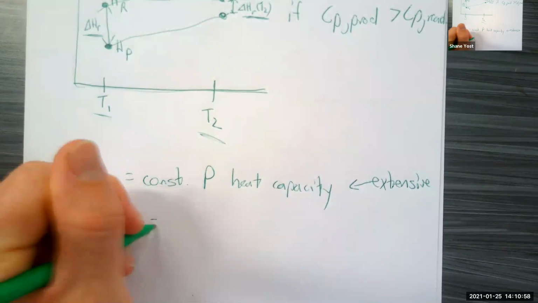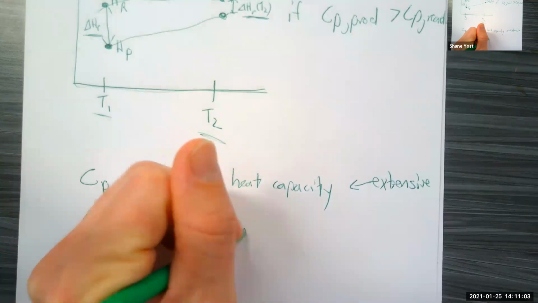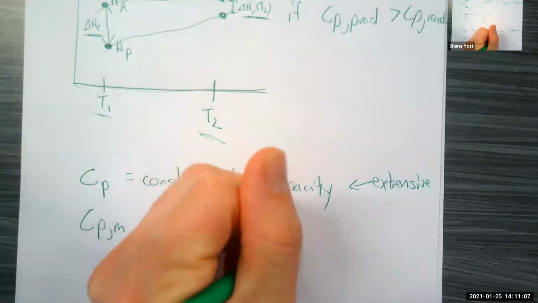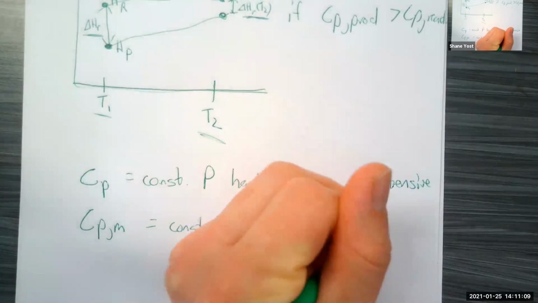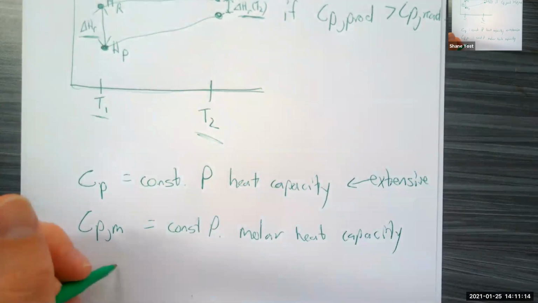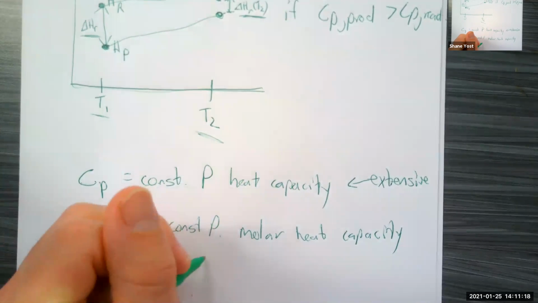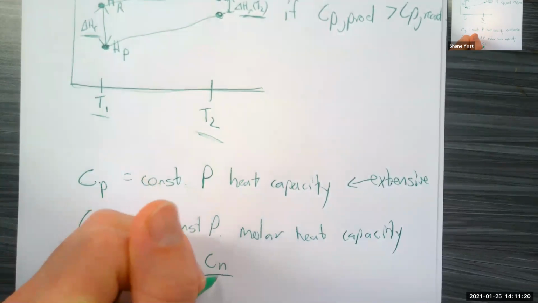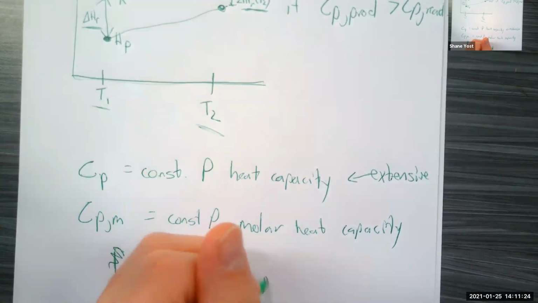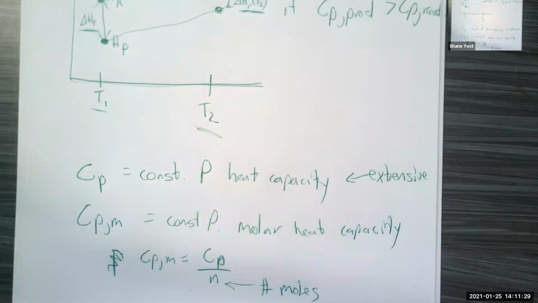CPM is the molar constant pressure heat capacity, and this is an intensive quantity. Basically CPM equals Cp divided by N, where N is your number of moles of your substance.